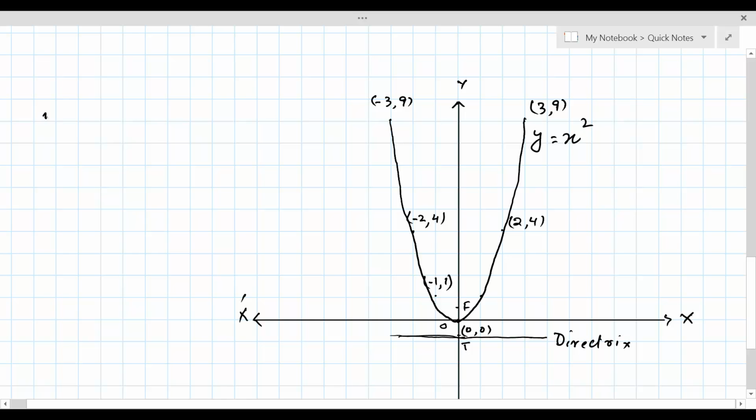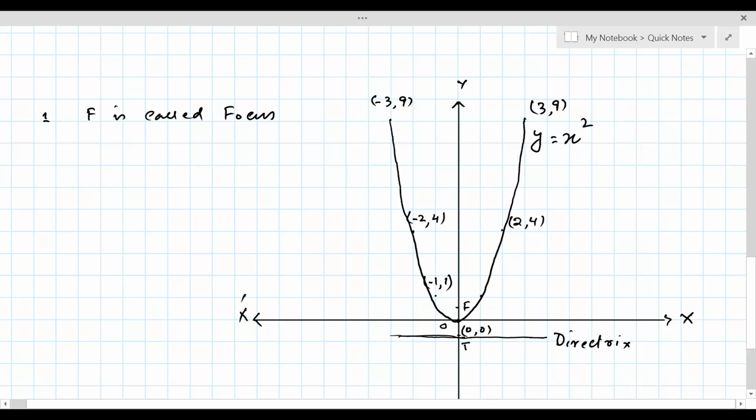So property 1 is F is called the focus of the parabola, because this graph is a parabola.